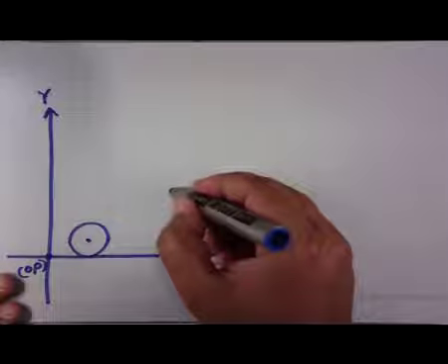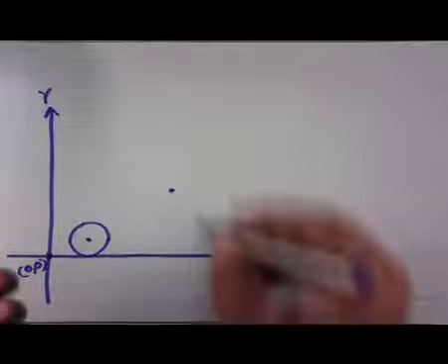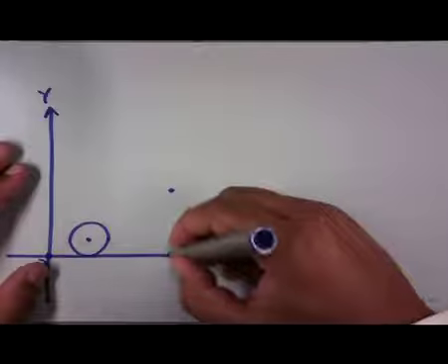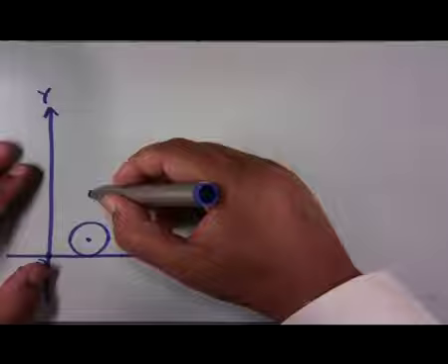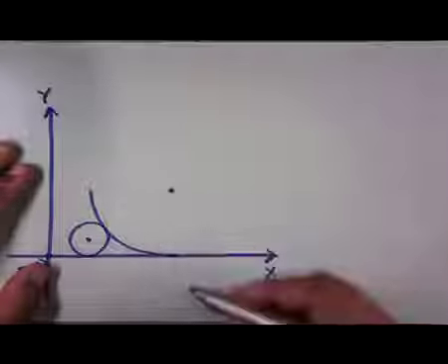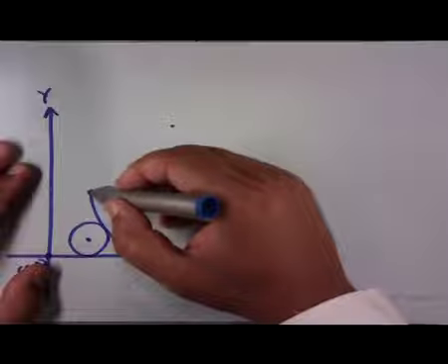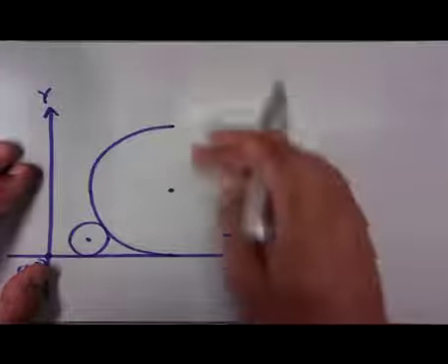This is the center of the second circle, and as the radius is 4 units, the circle will be something like this.